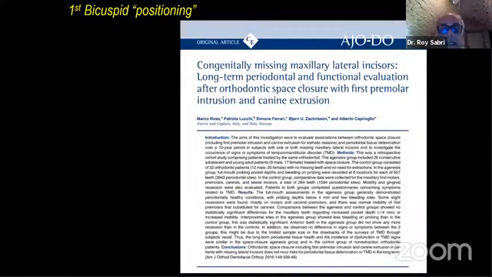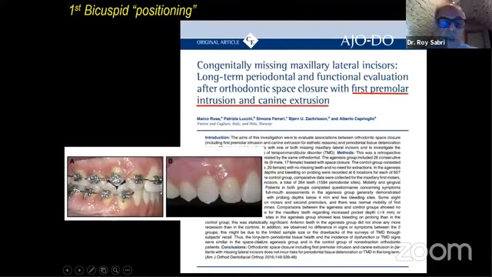This is an interesting study by Marco Rosa and Zachrisson. Zachrisson came once to Jordan. If you want differential intrusion and extrusion, look where they position the bracket on the first premolar, very close, so that they intruded, and they position the bracket on the canine very high to extrude it. And then they do a composite build-up.